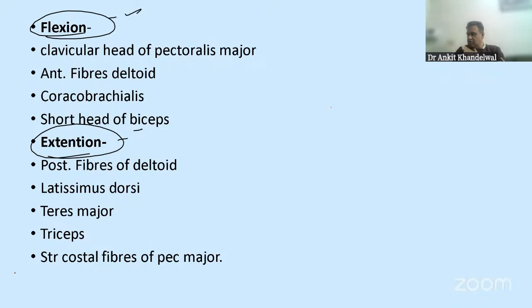Suppose my three fingers are the three muscles lying in the anterior arm, attached over here. Once they contract, they rotate my humerus like this, medial rotation. The other three muscles are located on the posterior part of the humerus. When they contract, lateral rotation. This is medial rotation, this is lateral rotation.